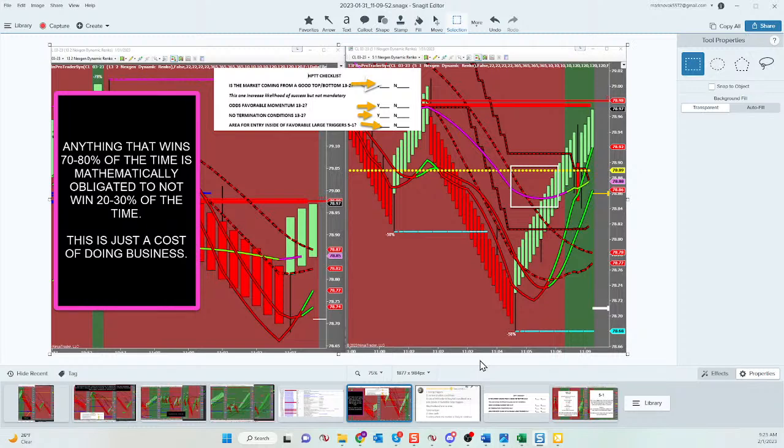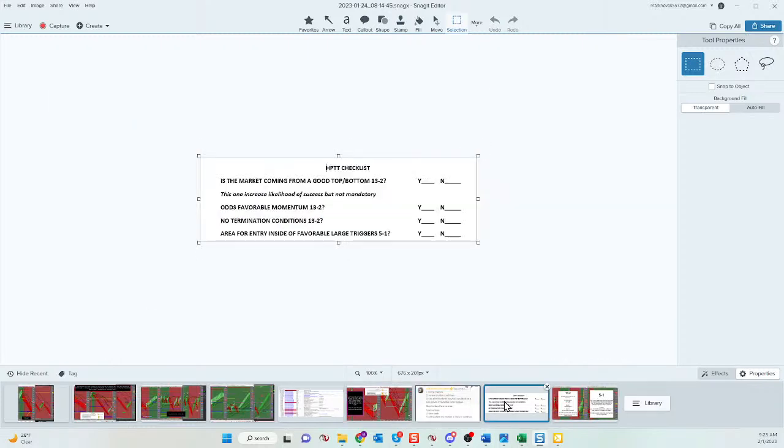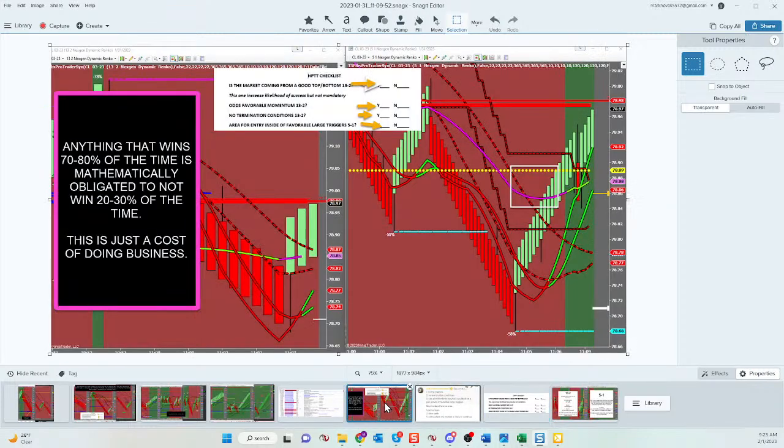What we're going to do in this first hour is begin the process of developing trust in these rules, developing trust in this checklist, so that when you have that cost of doing business, the only response you really have is next. Let's get to the next trade. Let's get the rules met one more time. And let's not base anything off of one trade. Let's base it off of 20 or 30 trades. And let's see where those percentages fall in the grand scheme of things.